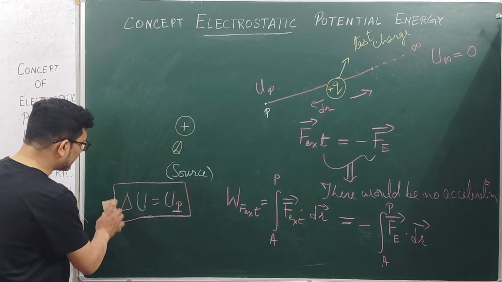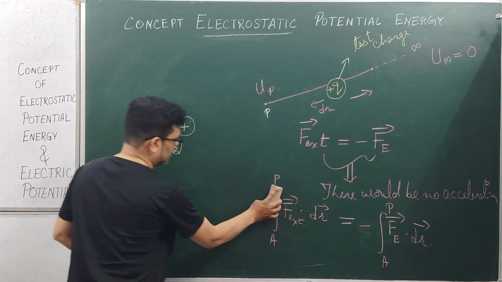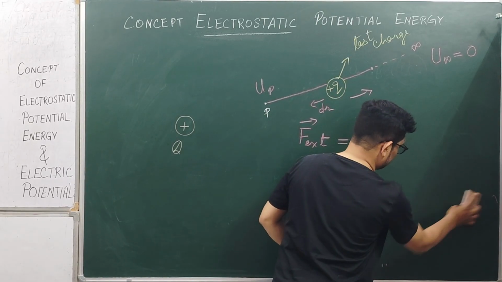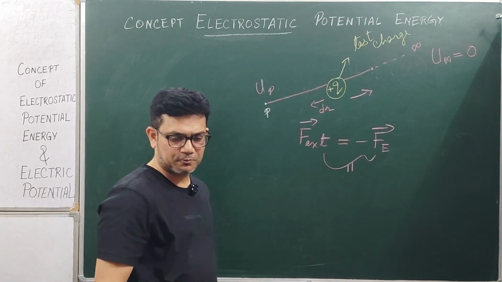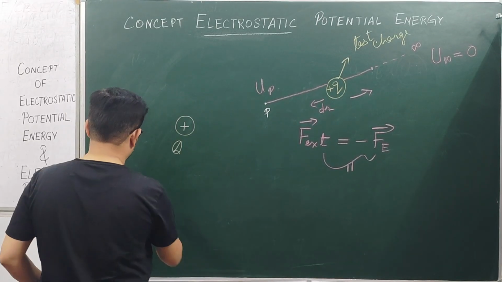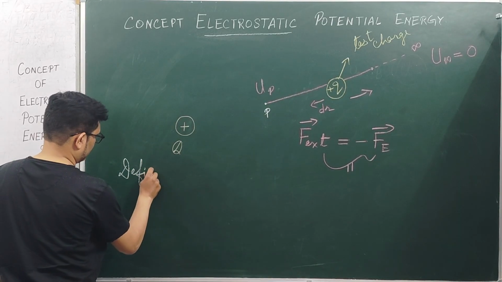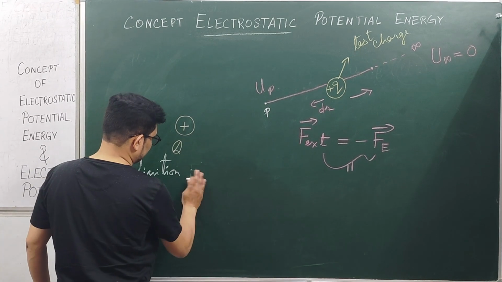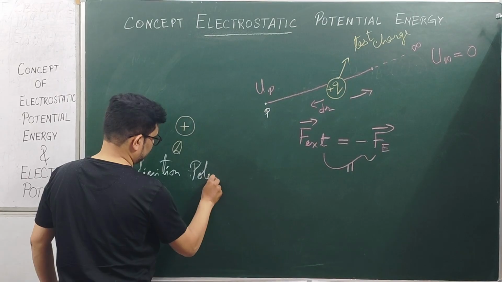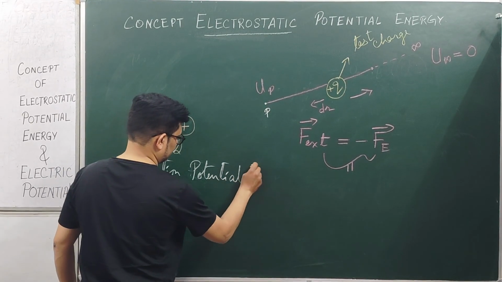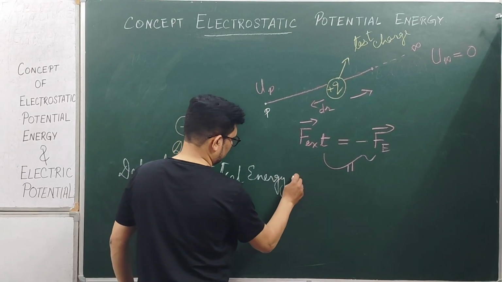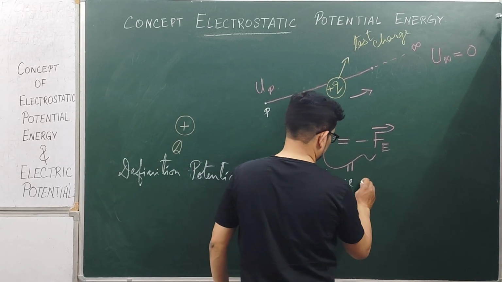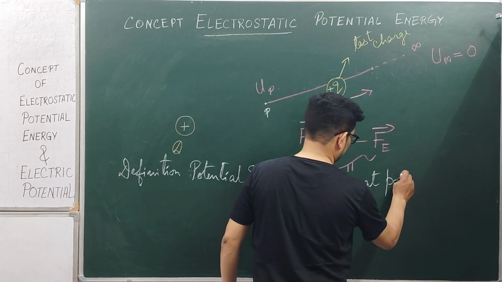So from this concept, we would now define the potential energy of a charge at a point. How do we define that?